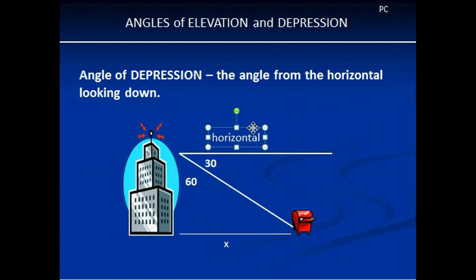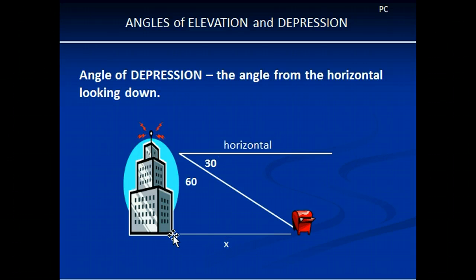Well, here is our horizontal. Let's just say we are looking from our horizontal down at something, and we have an angle of depression that is 30 degrees right here.